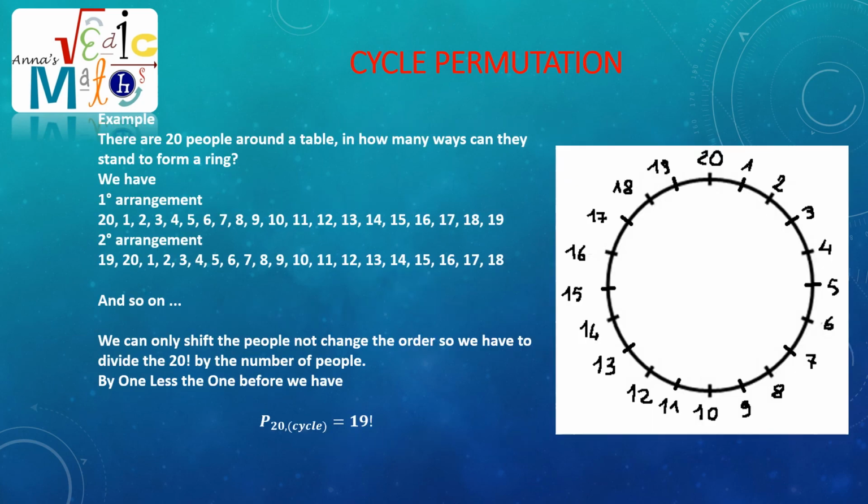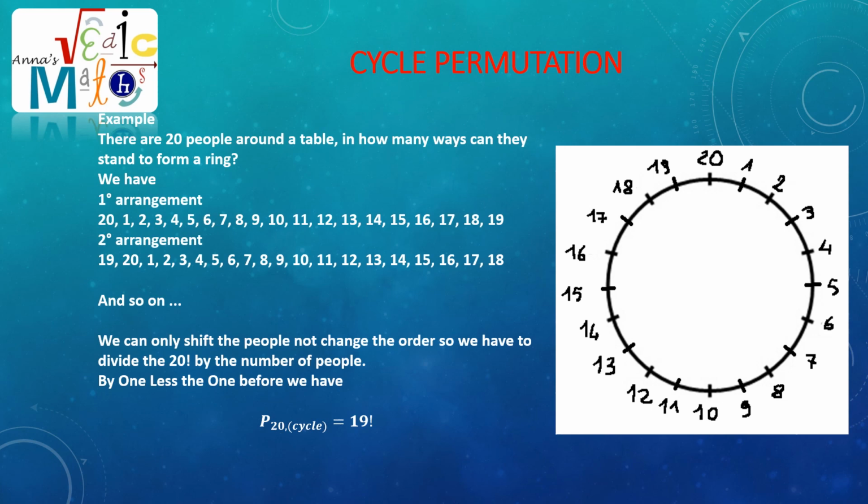Let's look at an example. There are 20 people around a table. In how many ways can they stand to form a ring? We can only shift the people, not change the order. So we have the first arrangement, 20, 1, 2, 3 until 19. Then we shift and we have the second arrangement, 19, 20, 1, 2 until 18, and so on.